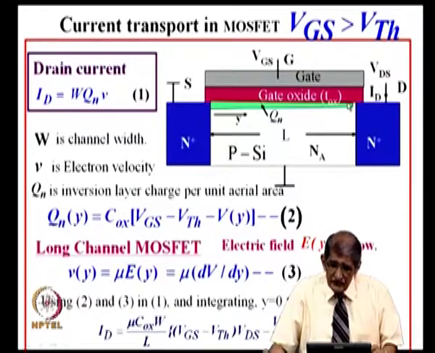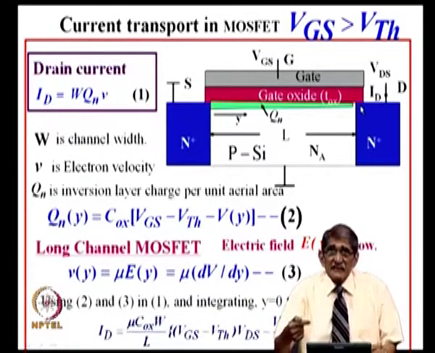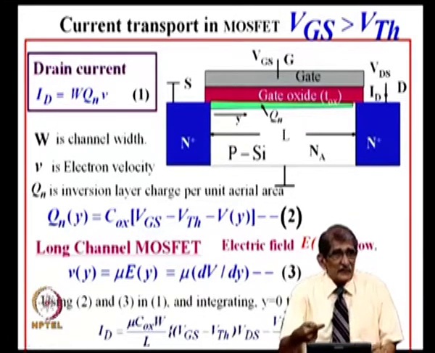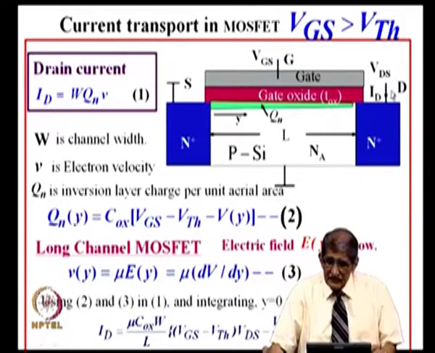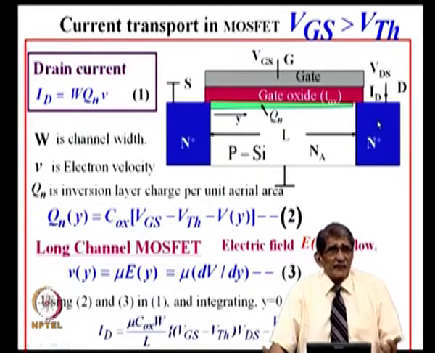How does the current flow from this to this one when there is an opening? That is because this is N plus, there is a depletion layer here, and the electric field is from the drain to the channel depletion layer. So, electrons reaching this edge of the depletion layer will be collected there, like in the bipolar transistor.